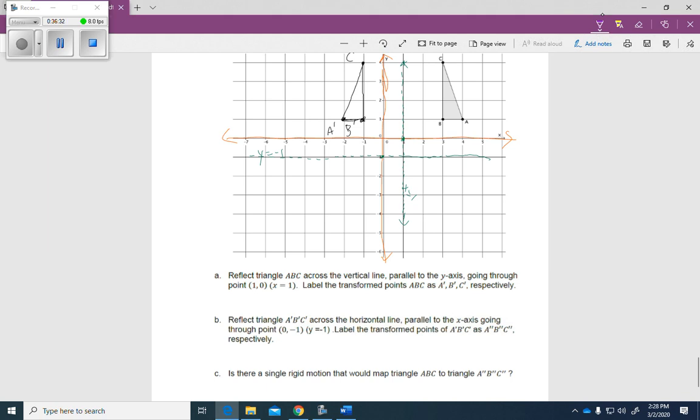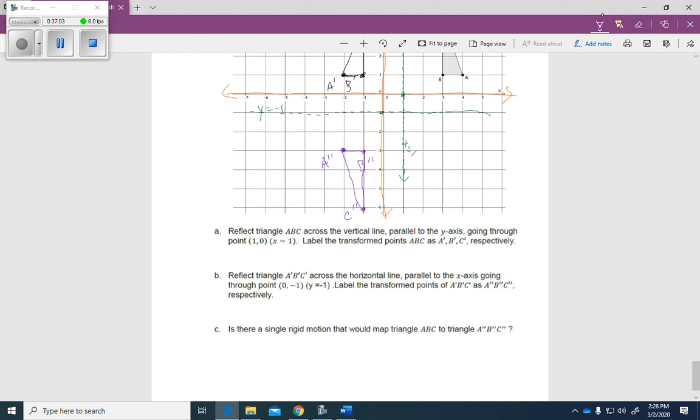So A prime is 2 units away from that green line. I go 2 units on the other side. It's A double prime. B is also 2 units. This is now B double prime. And C is 1, 2, 3, 4, 5 units. So here is C double prime. And I called it A double prime, B double prime, and C double prime.